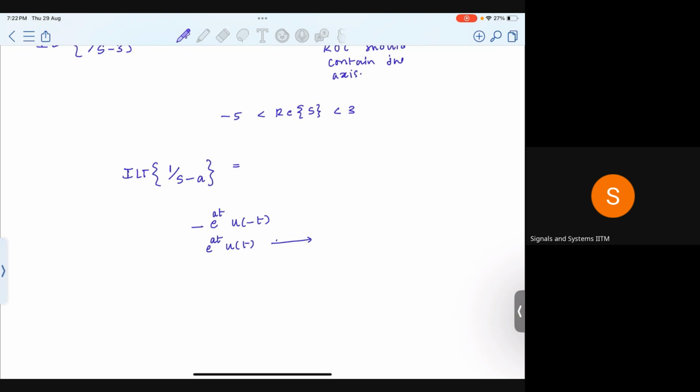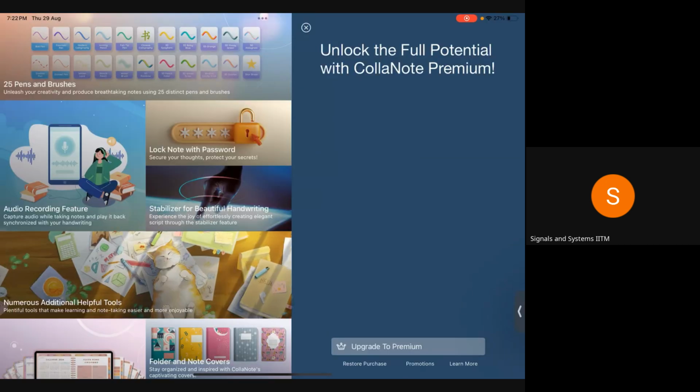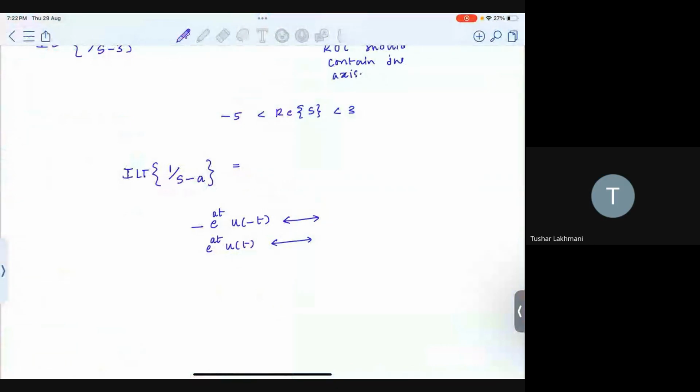What are the Laplace transforms here? Do these two have the same Laplace transform? They both have the same Laplace transform, but the region of convergence is different. That's what I told you earlier. You have to be very careful with the region of convergence.